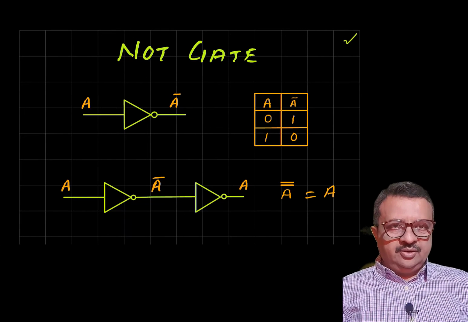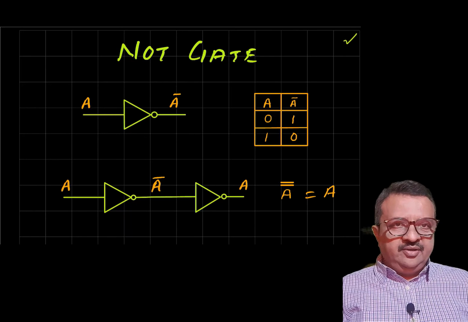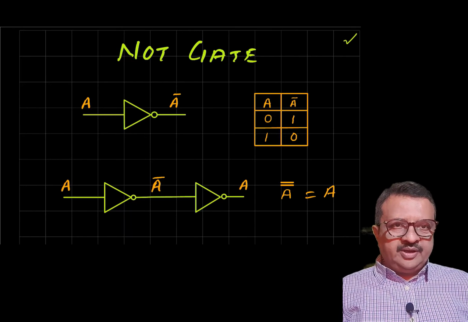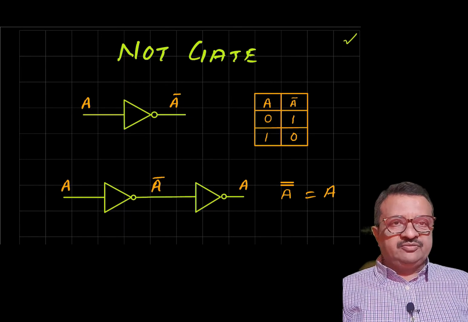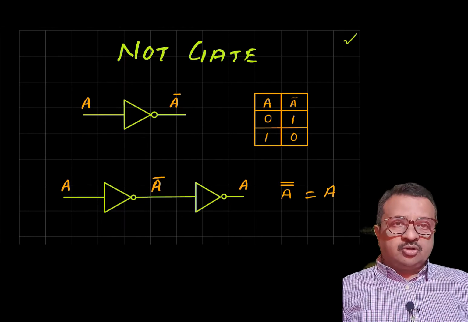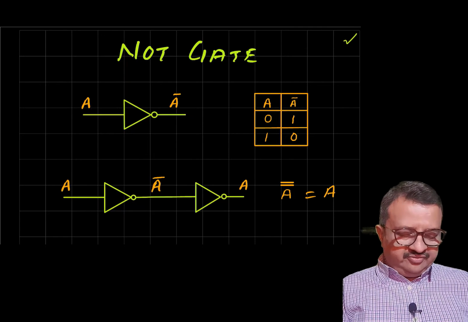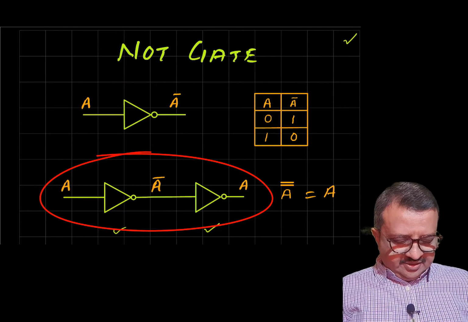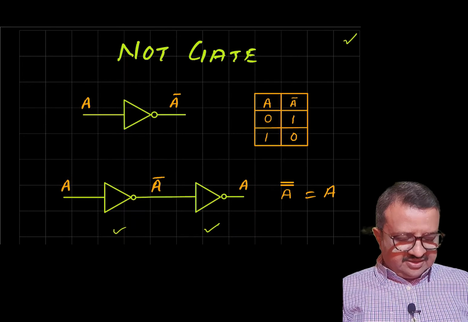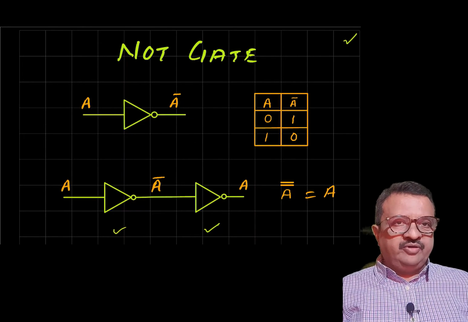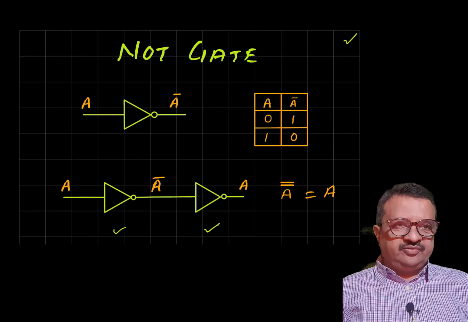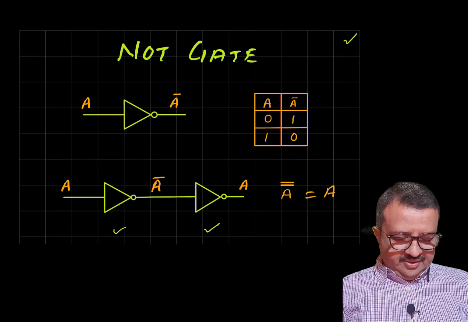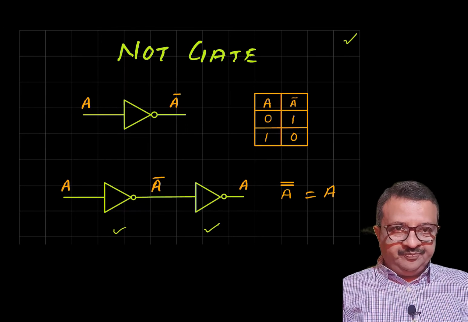We have already known that for the NOT gate, when the input is 0, the output becomes 1. When the input is 1, the output becomes 0. It is also called the complement of the input. If we have two NOT gates cascaded with each other, cascaded means the output of one is connected to the input of the next NOT gate, then A is the input.